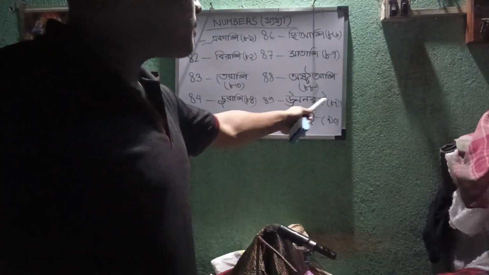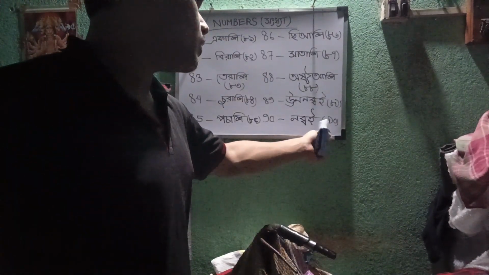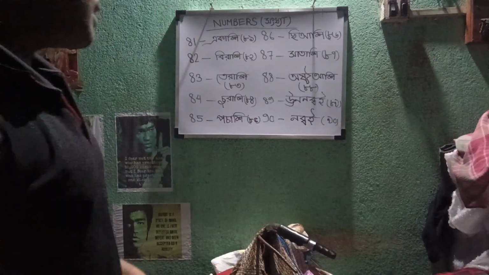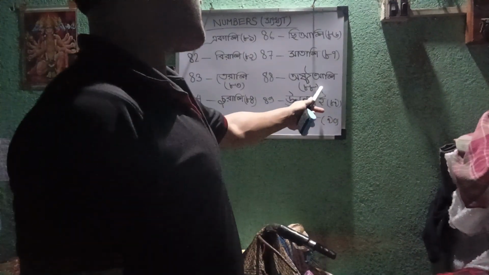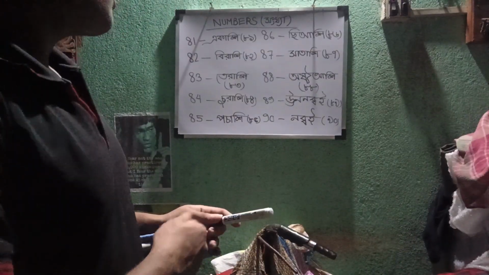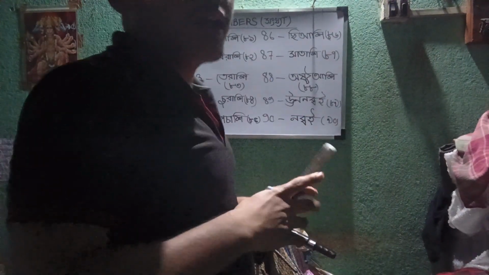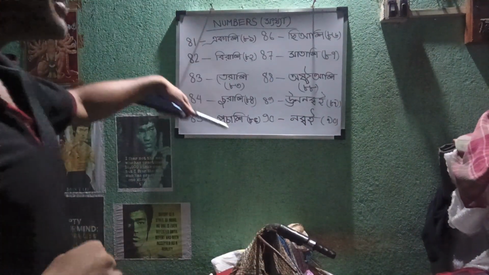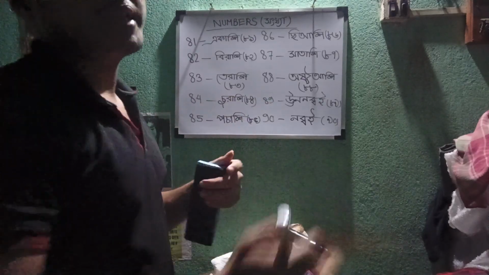So ûননব'ôi means 89, 90 means নব্বই. Note it down in your notebook, and we are repeating all of these numbers from 81 to 90.